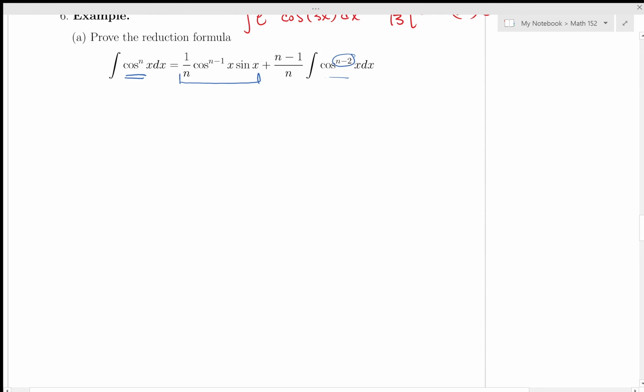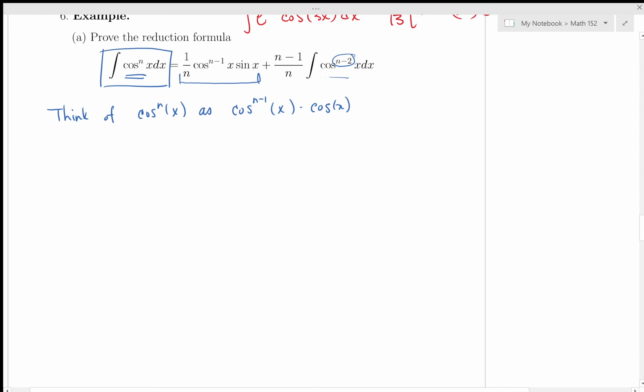Okay, so we're going to actually prove this reduction formula. In order to do this, what we have to do is integration by parts on the original integral, and in order to do that, we have to be slightly clever. The trick here is to think of cos^n x as cos^(n-1) x times cos x.